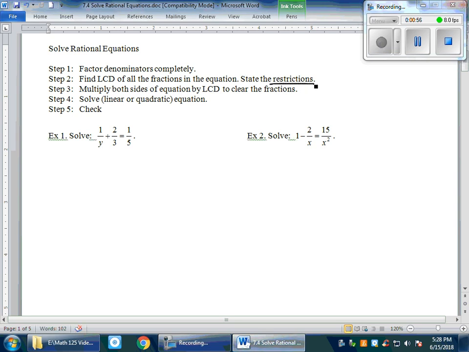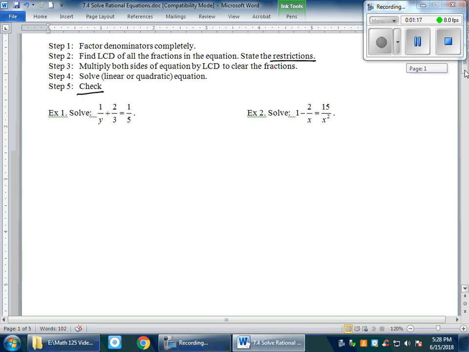So we need to know the restrictions so that at the end we can check our answer. As we move on to examples, I will explain why this is a must. So first, we take a look at the first example, solving this rational equation.